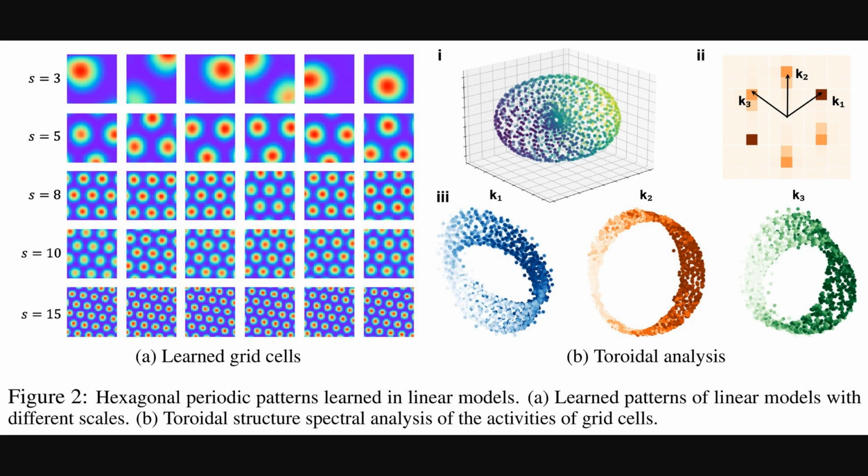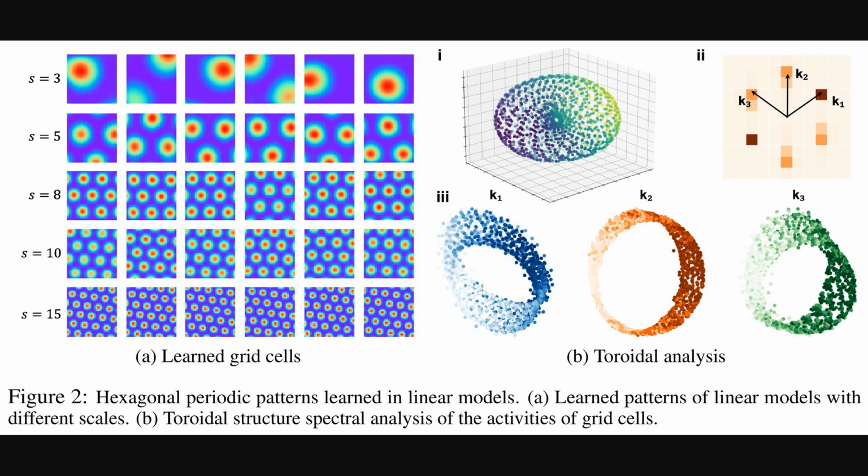Building on that neural manifold idea, Figure 2a shows learned grid cell patterns. These are heat maps from the model, which uses a recurrent neural network, or RNN, an AI that processes sequences, like an agent's path. As the scaling factor S increases, clear hexagonal patterns emerge.